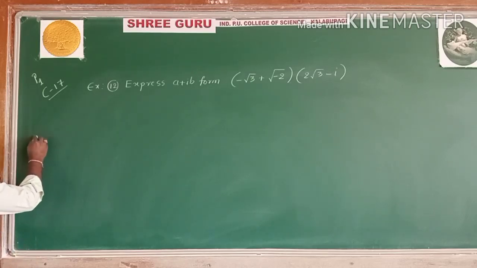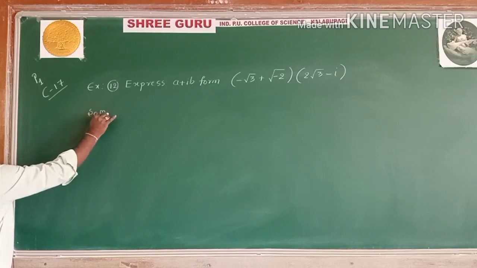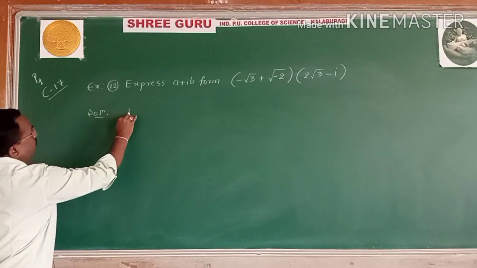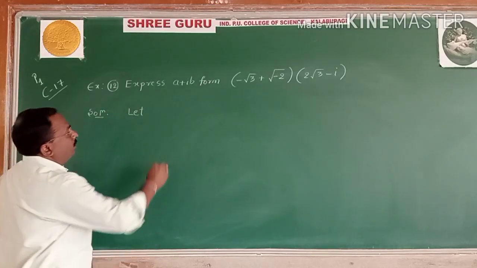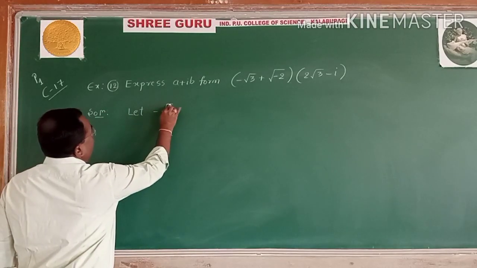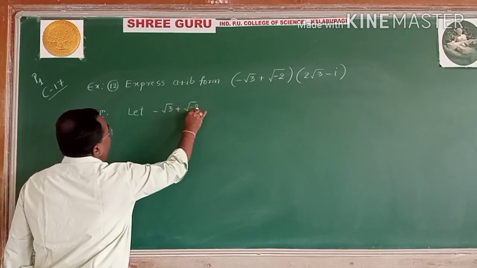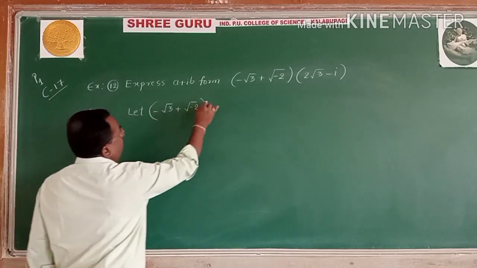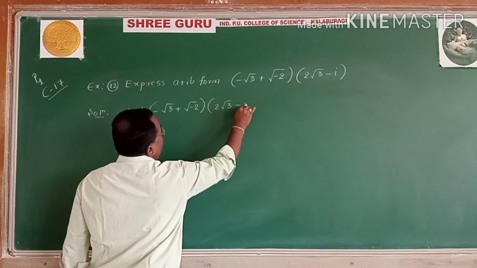Here, that is the solution. Let z be minus root 3 plus root of minus 2, into 2 root 3 minus i.